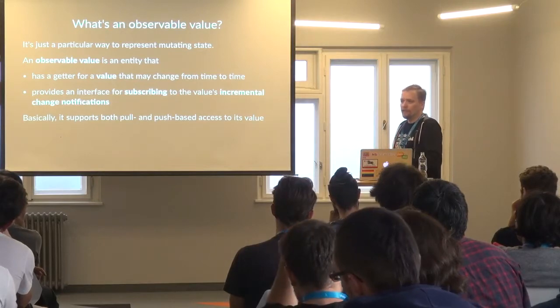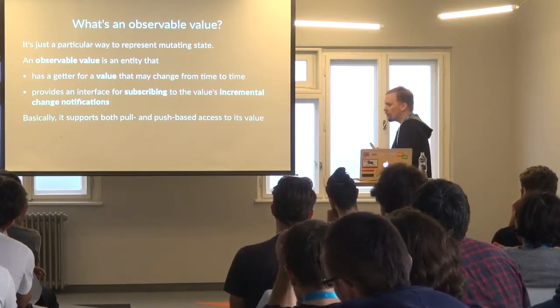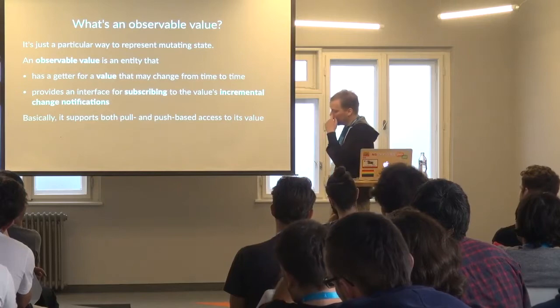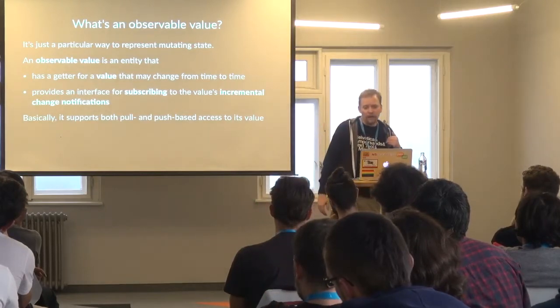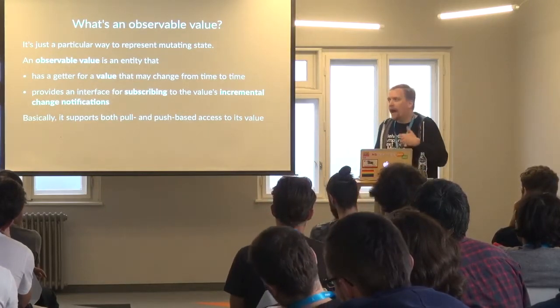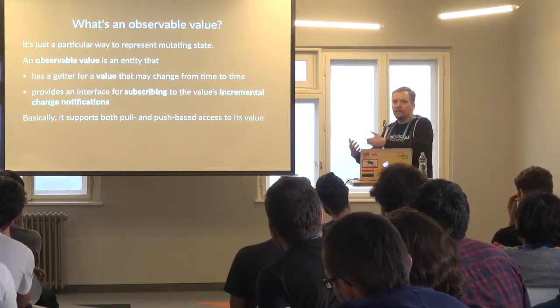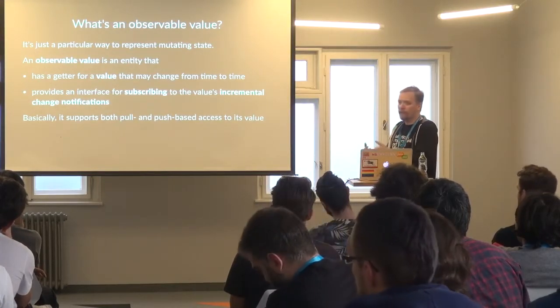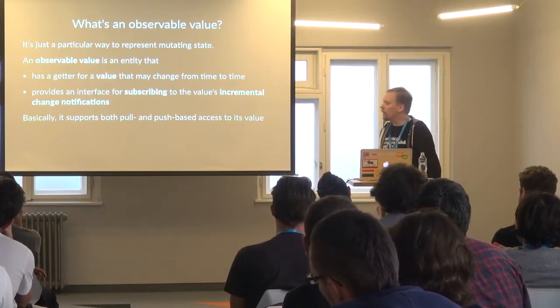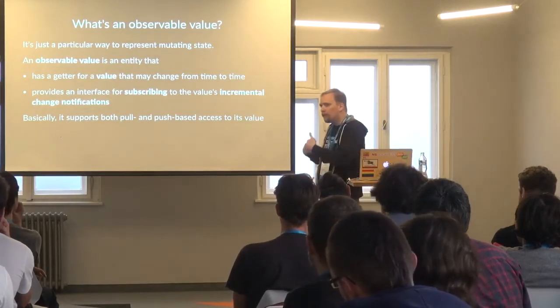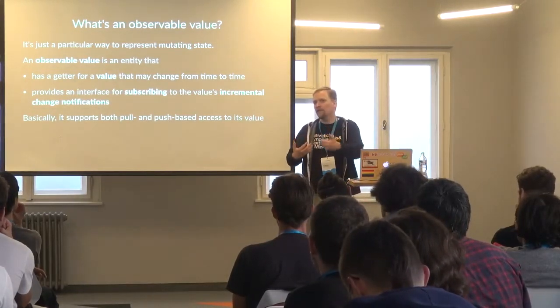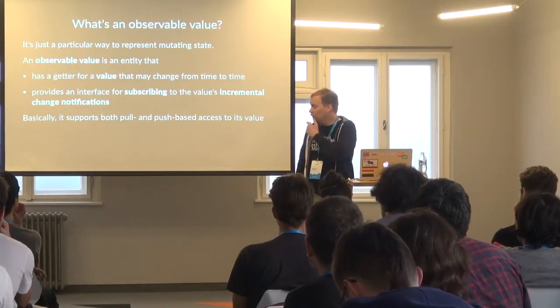You don't know what changes it. You aren't the one who changes it, you just want to handle its changes. So for me, an observable value is something that has a value. You can access this value at any time. There's a getter for it, and if you want, you can pull the value out of it. But it also provides an interface for subscribing to change notifications to this observable.